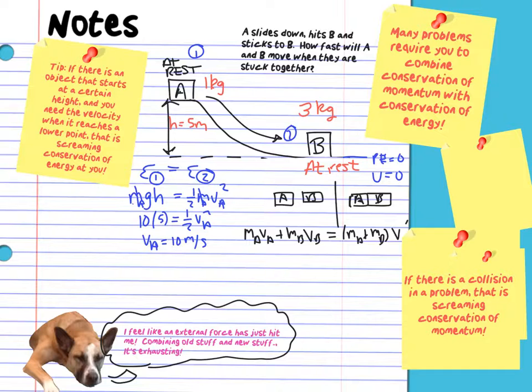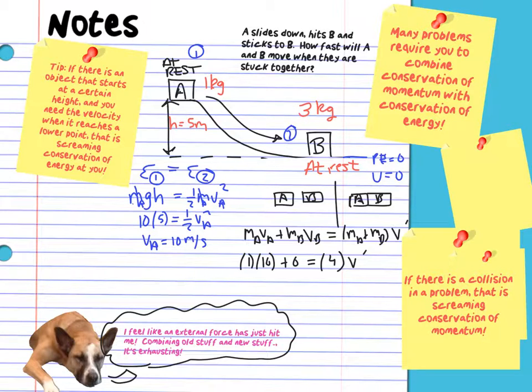Okay, so A is 1 kilogram, and it's moving at 10 meters per second. B is at rest, so that's 0. And the mass of A plus the mass of B is 4. 1 plus 3 is 4, and we need to find V prime.